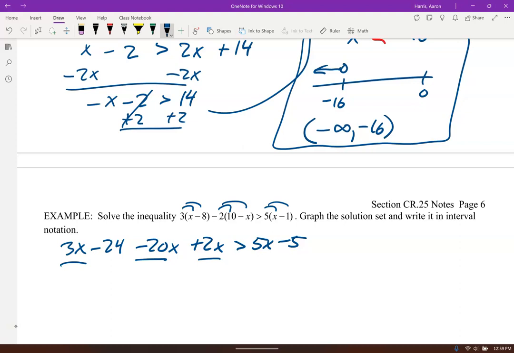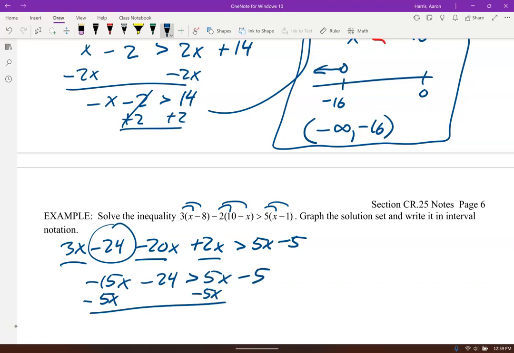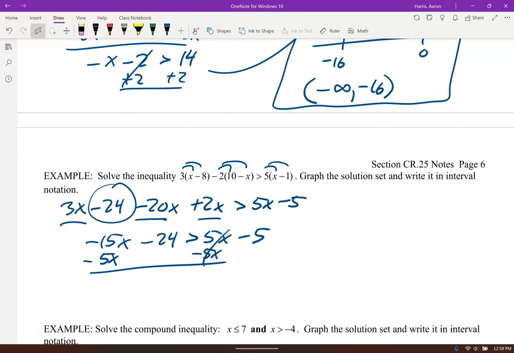Three minus 20, negative 17 plus 2, negative 15x. That's minus 24 on this side, greater than 5x minus 5. Now I'm going to subtract the 5x. Oh, I'm sorry. Good grief. I messed that up. Hold on, let me erase. Oh, gosh.